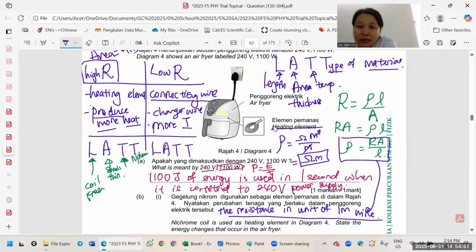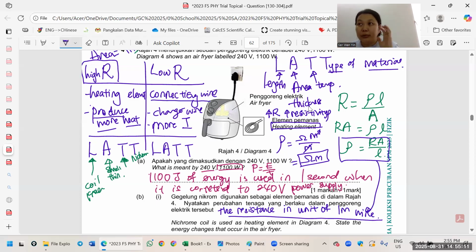So if you want to describe heating element, you can say high resistance. One more, high resistivity. They are two different things. They are related, but they are two different things.